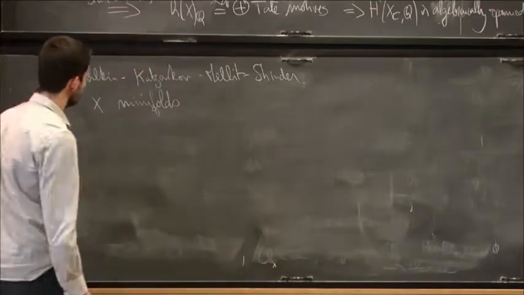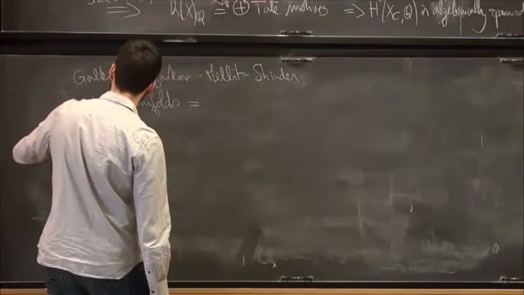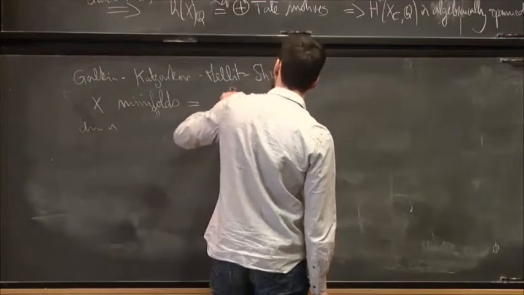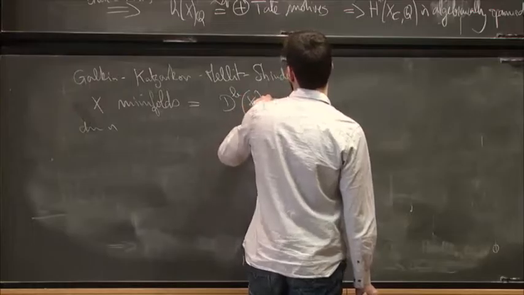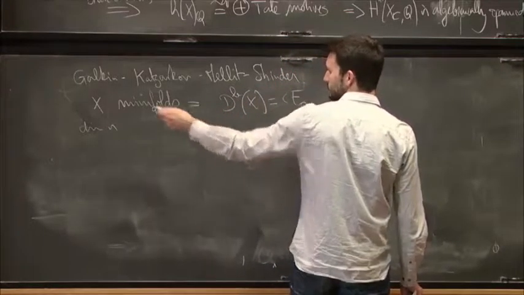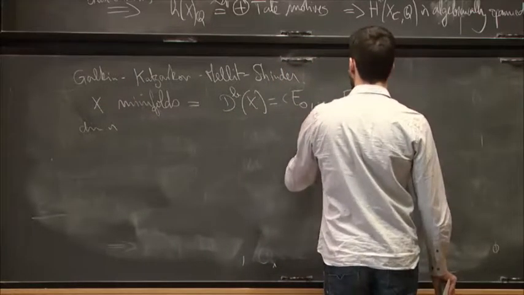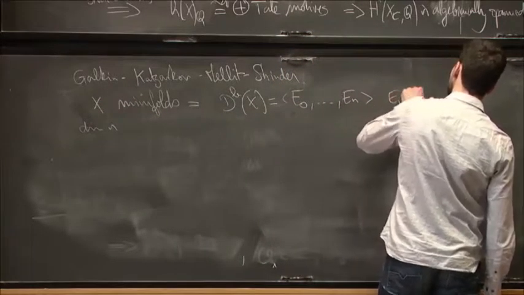So these are varieties of dimension n that admit an exceptional collection of minimal possible length, which is, as I mentioned, n plus 1, but this time by objects E_i in the derived category.